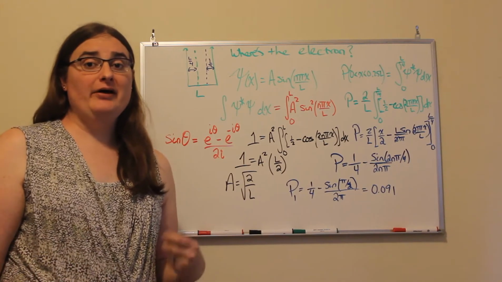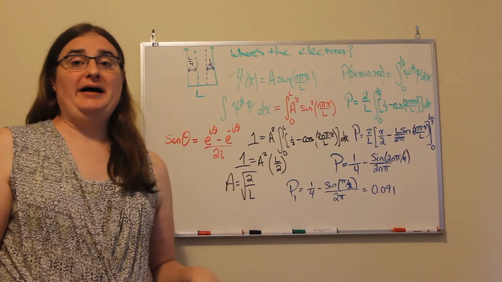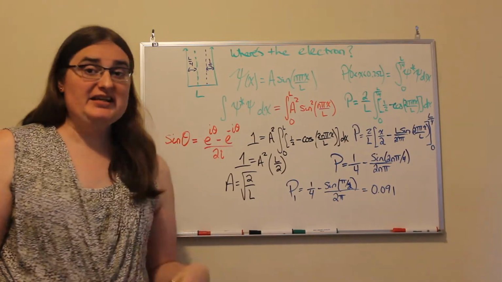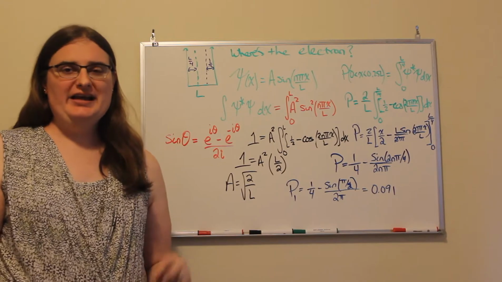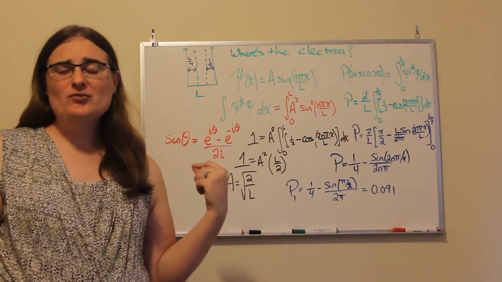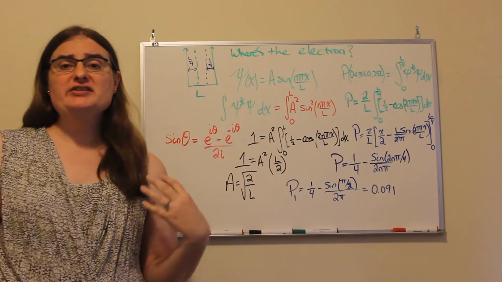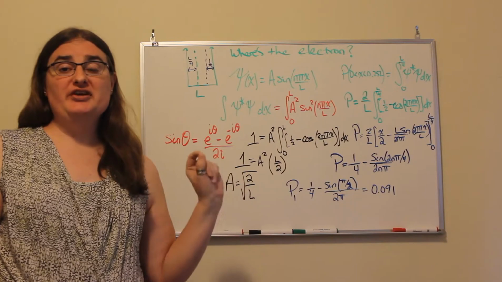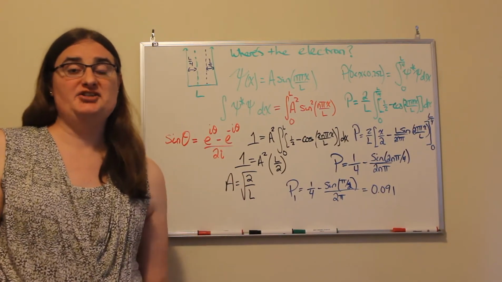I want to talk about how you can determine the average whereabouts of a quantum particle. So in this example, I'm going to take a look at an electron in an infinite square well, and asking where something is really better phrased as: what is the relative frequency of occurrence of observing an interaction of that electron to take place within a certain location.